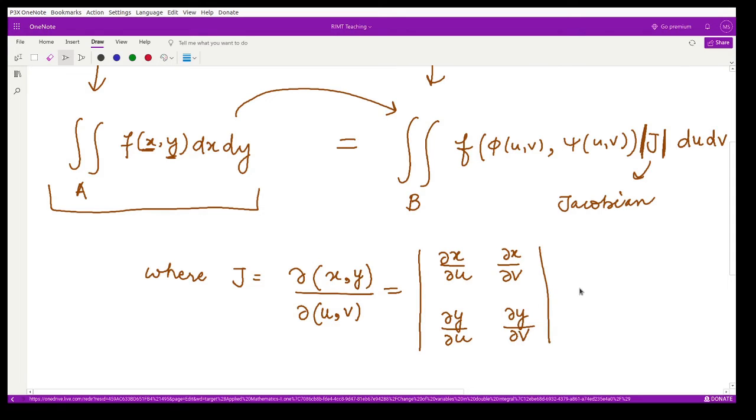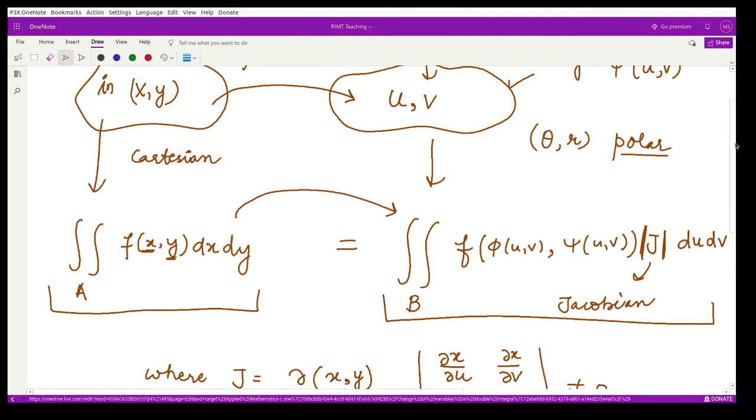Moreover, this should not be equal to 0. Then you can substitute this value here and this integral is equivalent to this particular integral. So this is how you change from one system to another.